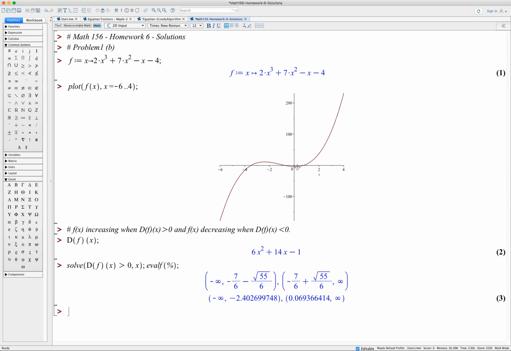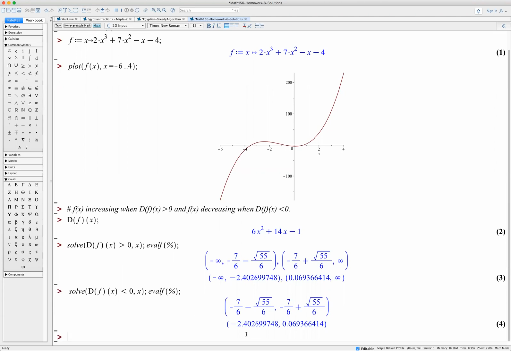And from 0.069, it's increasing. And if we want to know where this function is decreasing, it's on this interval.